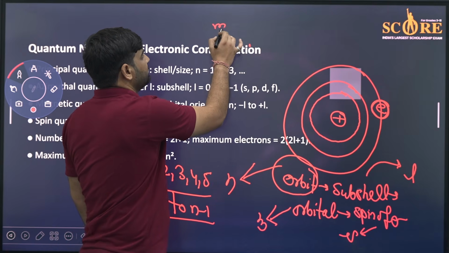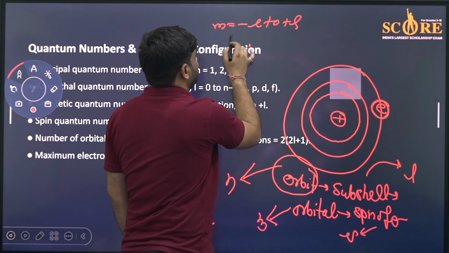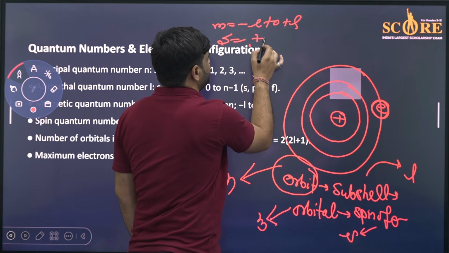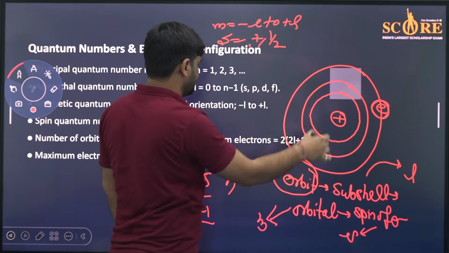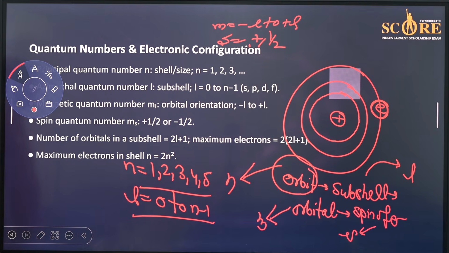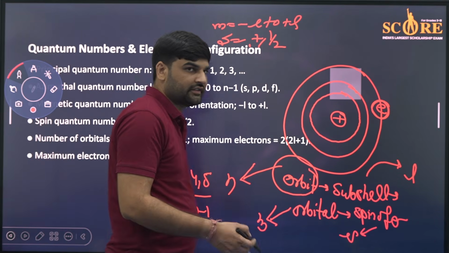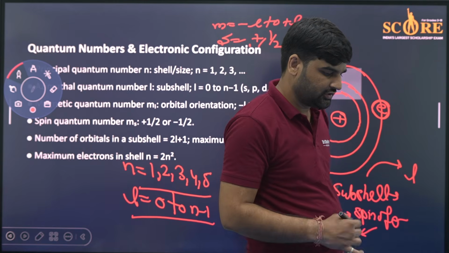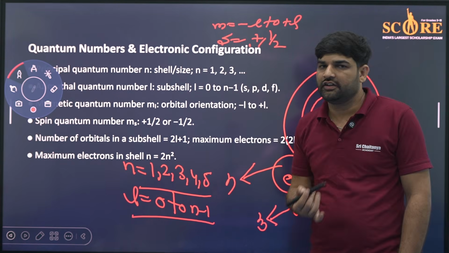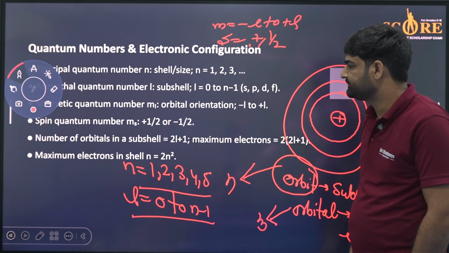The magnetic quantum number has values minus l to plus l, and the spin quantum number has 2 values, plus or minus half. These are the points related to the principal quantum number, azimuthal quantum number, magnetic quantum number, and spin quantum number.